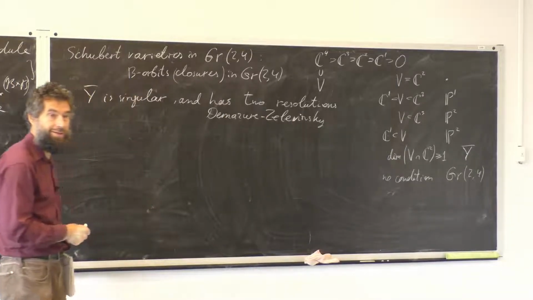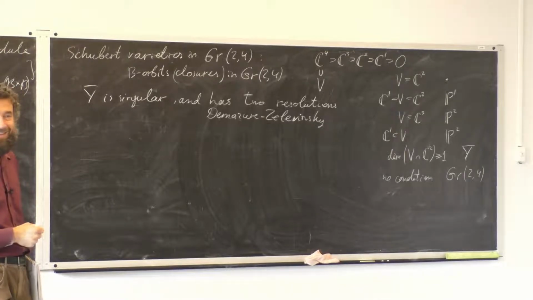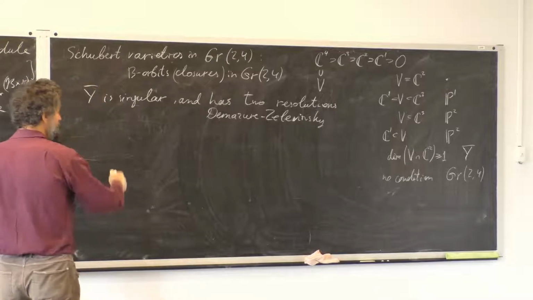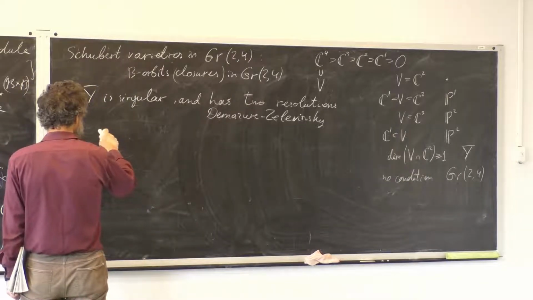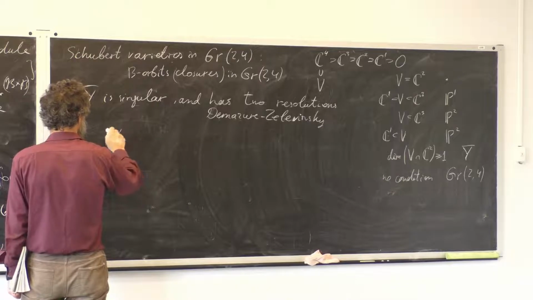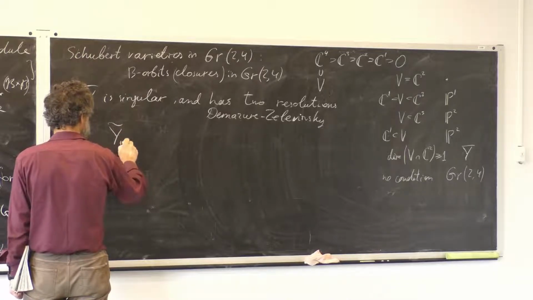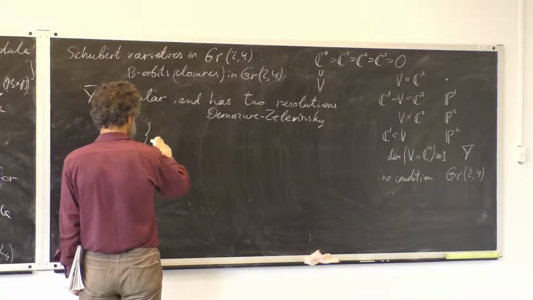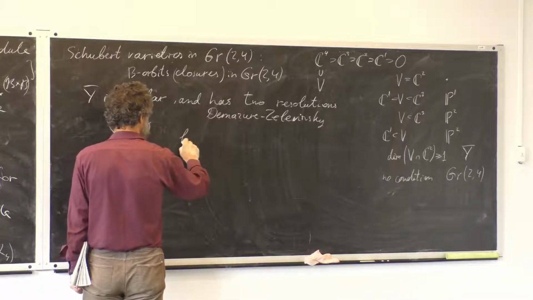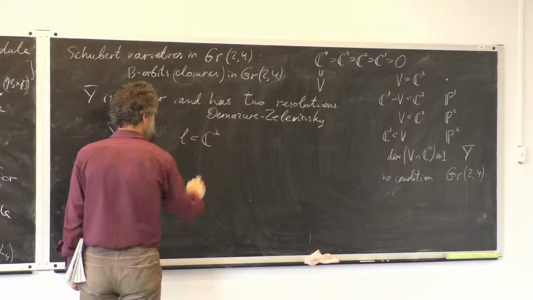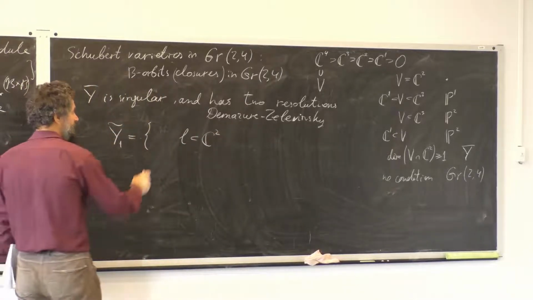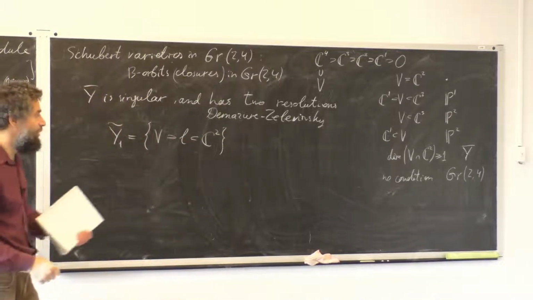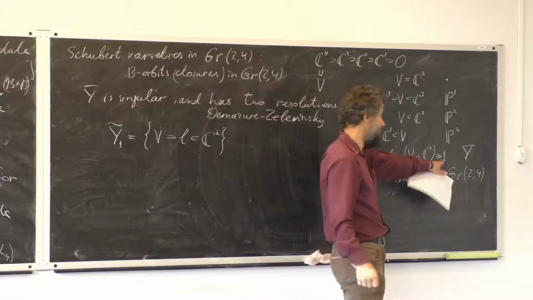So what are these resolutions? Maybe somebody knows. So one of them, Y tilde 1, is the following moduli space of first lines that are contained in C2, but also they are contained in V. Okay, so we know that this intersection has dimension at least 1.